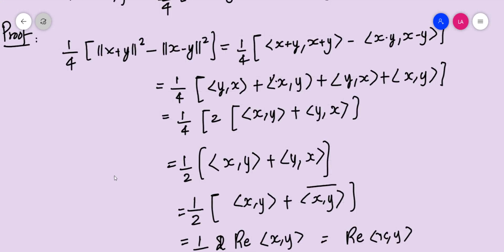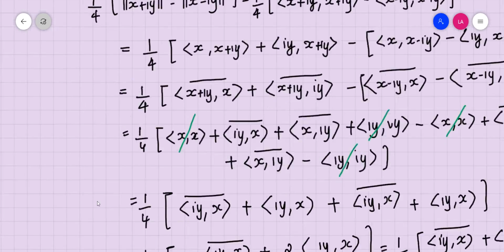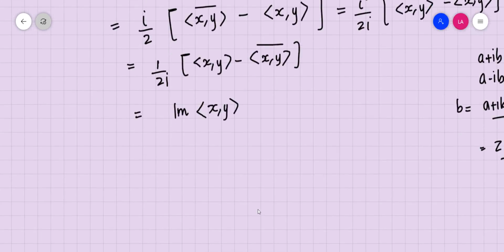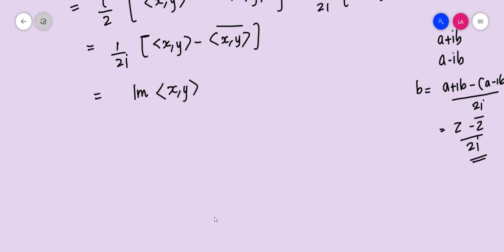So we have successfully established these two relations in the case of complex inner product spaces. Sometimes these two relations are called polarization identities.